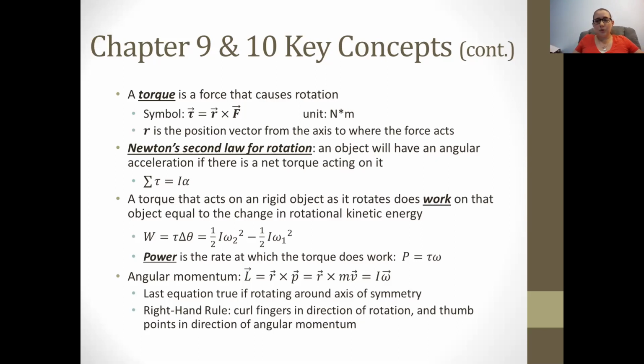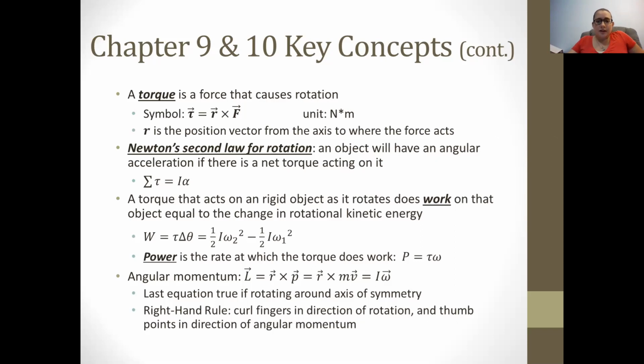And so the door will not change its motion. It will not rotate if there is no net torque. If you push harder than your friend in the same location, then your force is increased, so your torque will increase, so the door will rotate open. Okay, very similar idea to our current understanding of Newton's second law of motion.